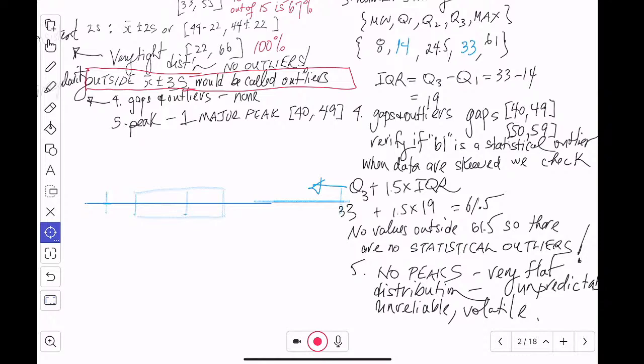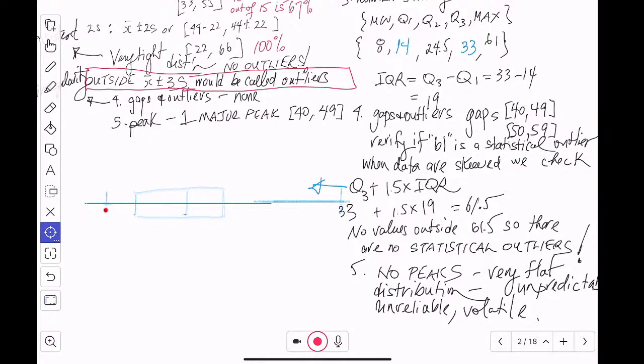So notice here, if I drew this properly, inside here it looks like it's left skewed because this side is bigger than this.